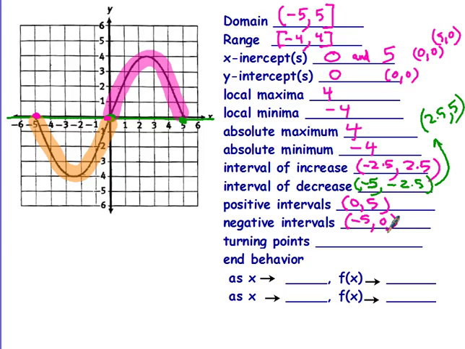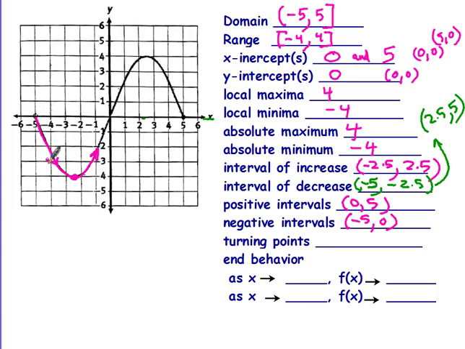Turning points. Turning points are where a graph changes directions. So our graph is decreasing, decreasing, until we get to that point, and then the graph turns uphill. So that is one of our turning points, and we need to just write that ordered pair.